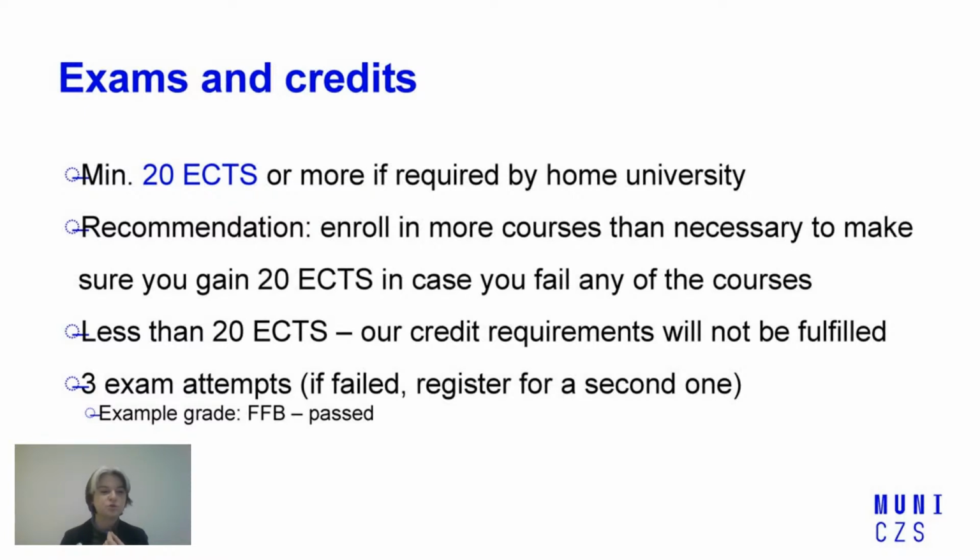So if you do not go to the first attempt, you're robbing yourself of one chance to resit. Because you go to the first exam date and you fail, you can go to the second one and fail again, and then you can go to the third one and pass, ideally. If you are too busy on the first one, that can happen, that's fine, you still have 2 attempts, but you only have 2.